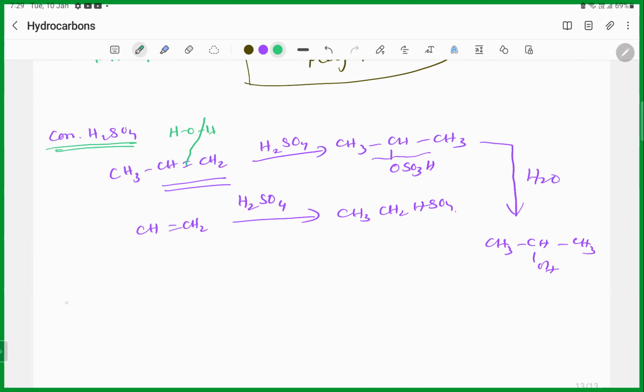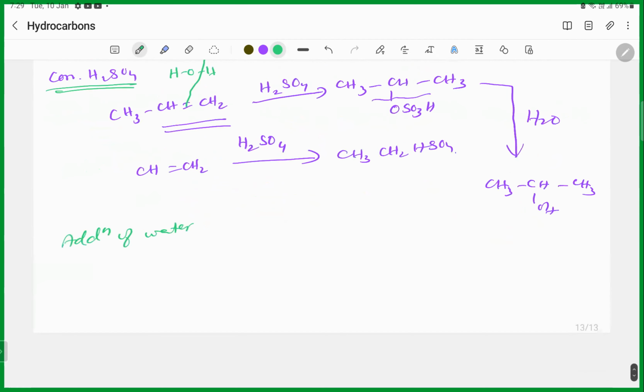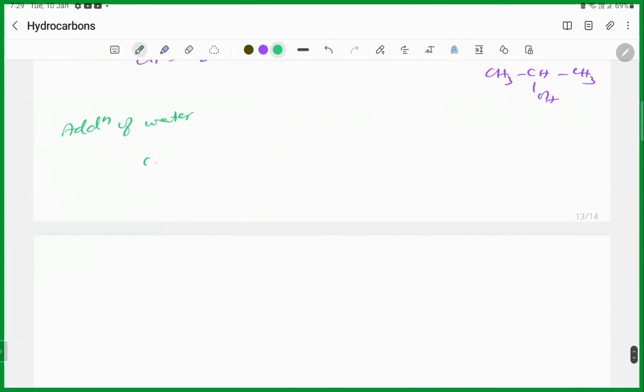In the same way you can have addition of water. Take an example, isobutene. If you treat it with water, the hydrogen will be added to the carbon which has more hydrogens.